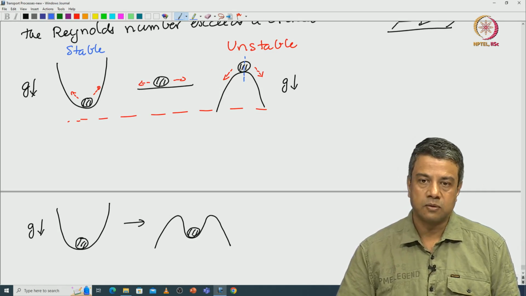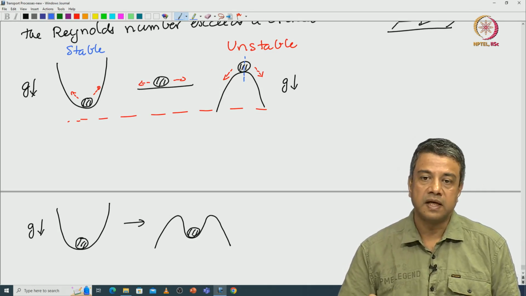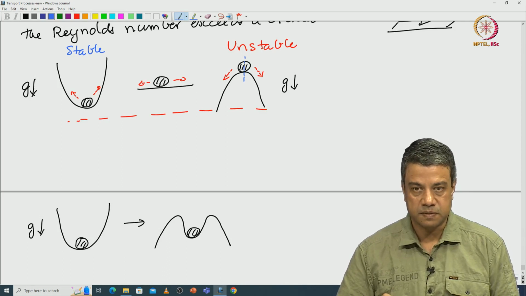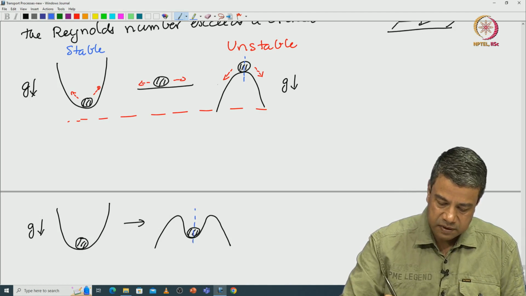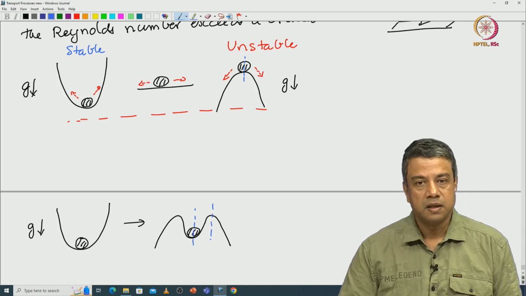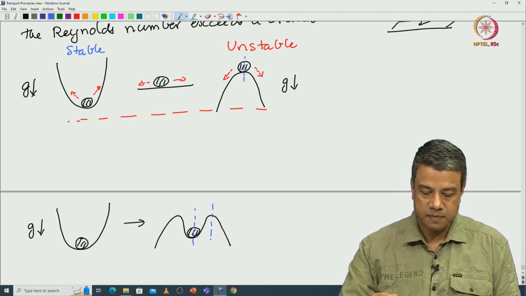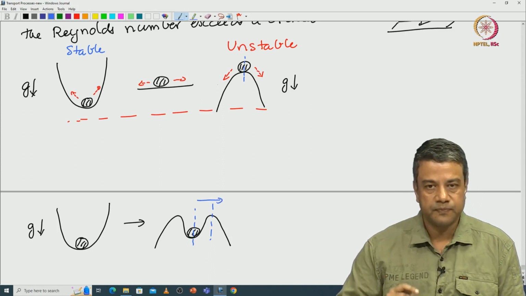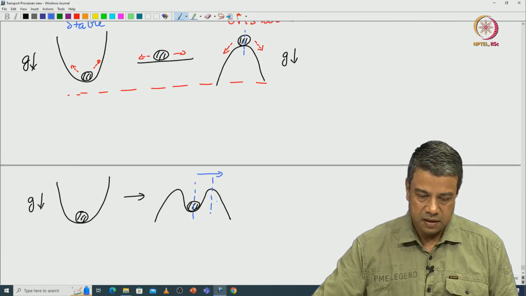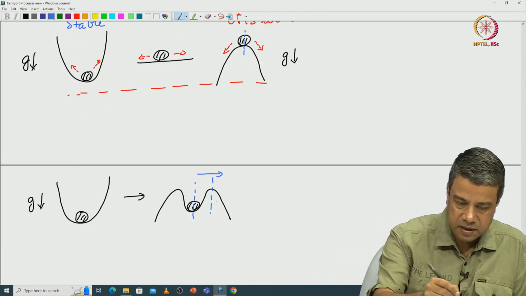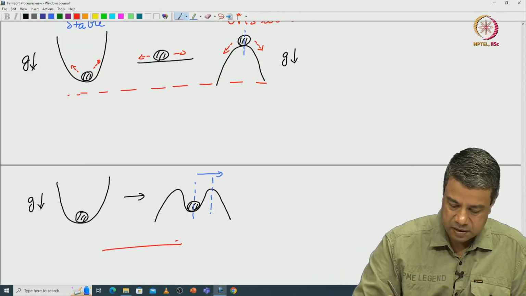The system will go to some other state for any infinitesimal displacement, either right or left. In this case, it will not transition for an infinitesimal displacement, but rather because of a displacement beyond a certain amplitude, a finite amplitude displacement. So, this progression happens as you increase the Reynolds number.